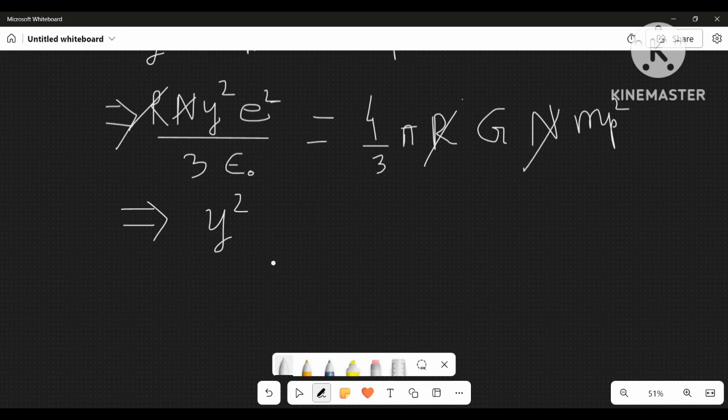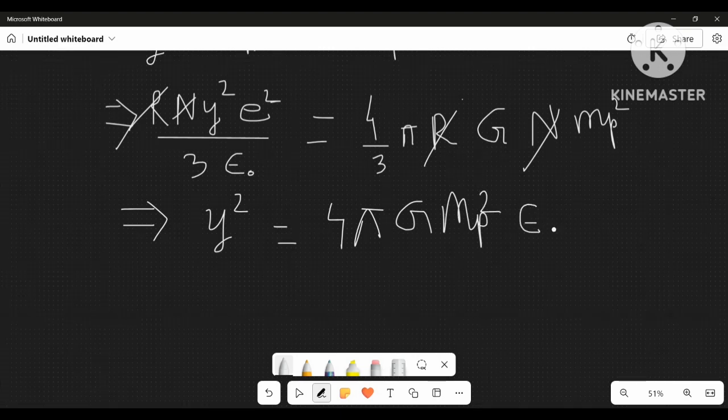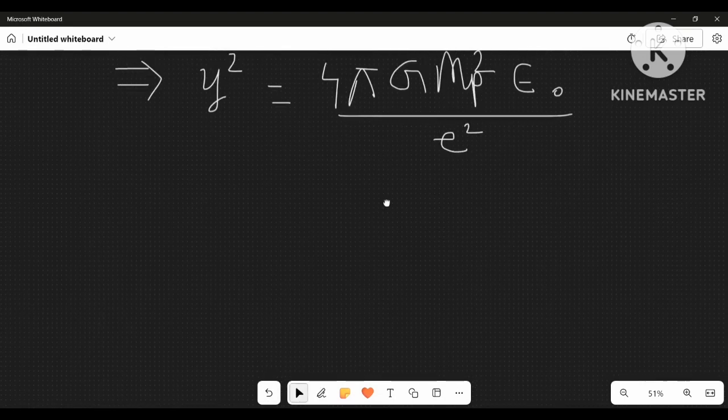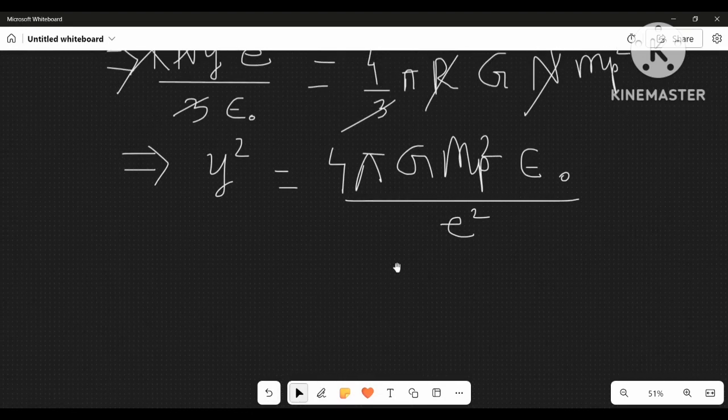No. So that translates to y square as 4 pi G mp square epsilon naught, and the 3's cancel on both sides. I missed this. So by the electronic charge squared. So I hope this much is correct. 4 pi G mp square times epsilon naught by e squared.